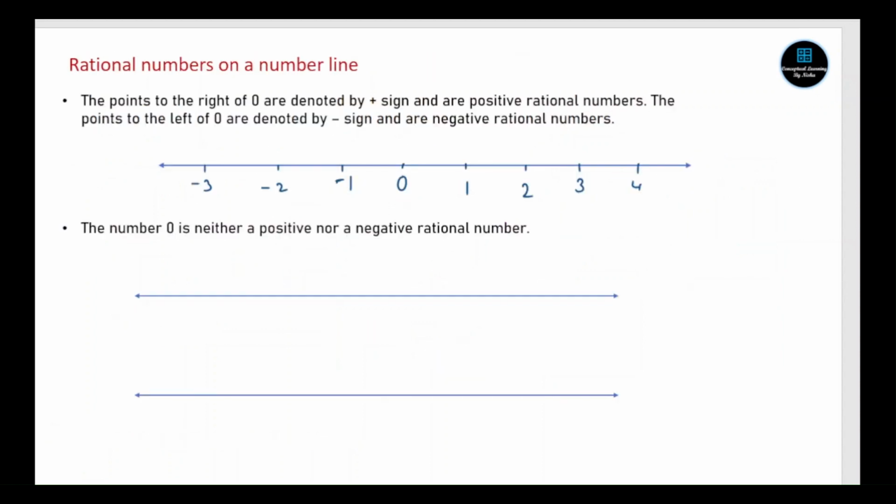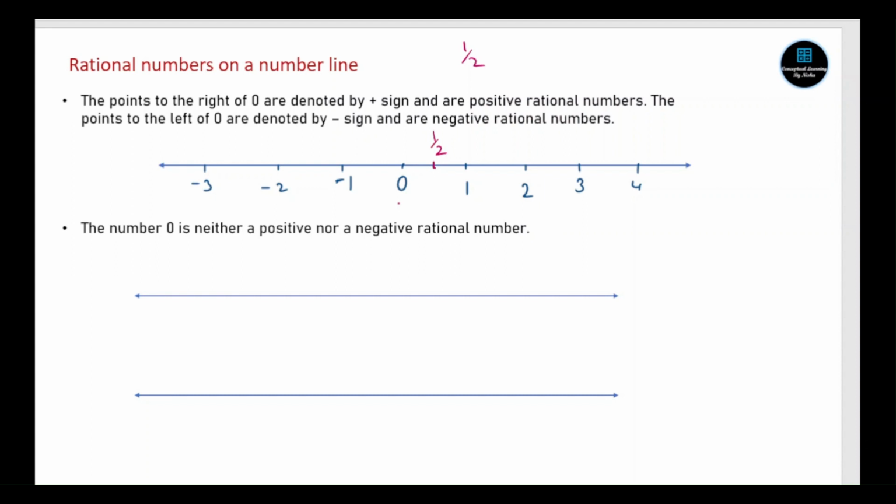Now a very important topic: how to represent rational numbers on the number line. We know that all the positive numbers come on the right side of 0, and all the negative numbers come on the left side of 0. Let's say I want to represent 1 upon 2. We learned that it is over here, right?